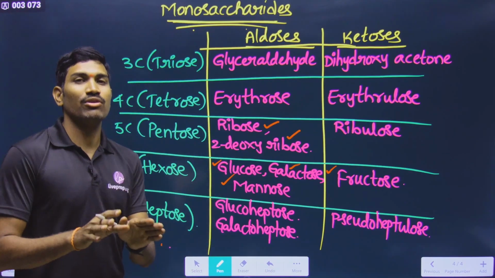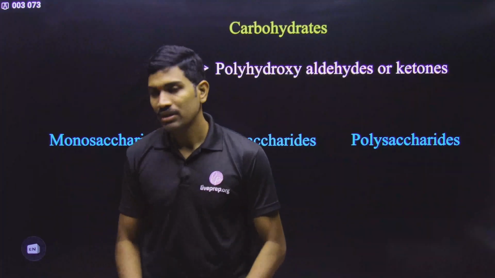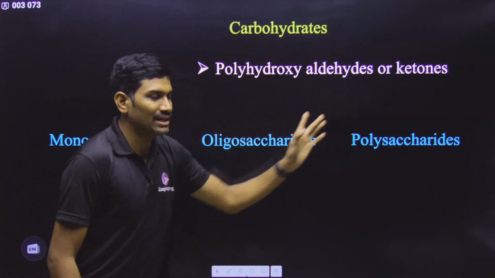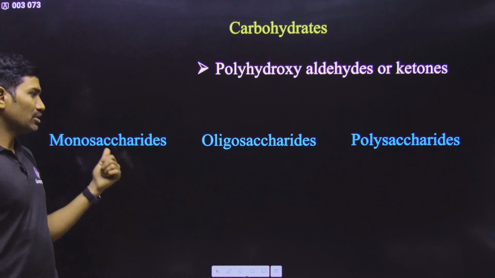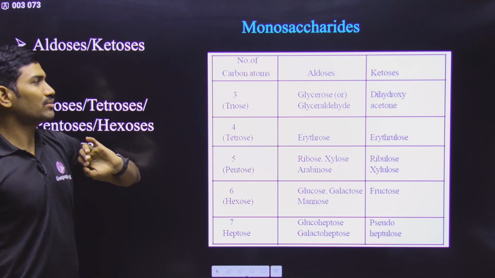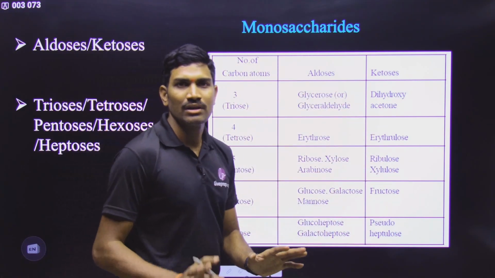So mainly we are focusing on the structures. So please observe these structures very carefully. Clear? So in this way, carbohydrates are polyhydroxy aldehydes or ketones. We are classifying them into monosaccharides, oligosaccharides, and polysaccharides. Under this, first we are talking about the monosaccharides, and this is the table that we made just now. Understood or not?